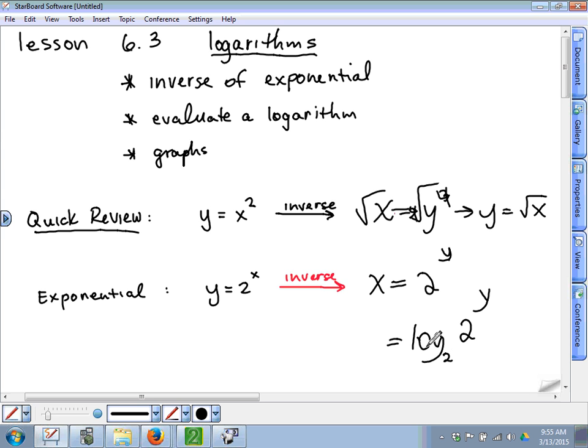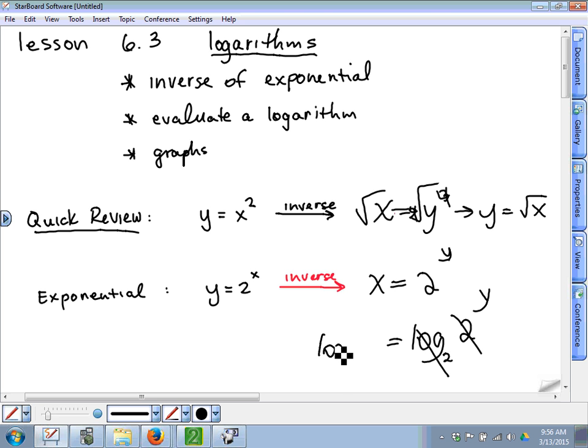Log base 2. Why do you think I chose to use a log base 2? Because I'm trying to cancel a base of 2, right? What do logarithms do? That logarithm is going to cancel that base. Well, if the base isn't here anymore, then that's not an exponent any longer. But this is an equation. If you do something to one side, don't you have to do it to the other?